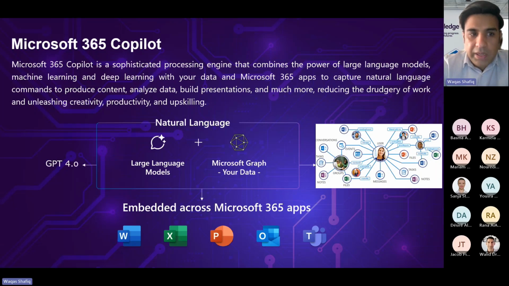For example, Microsoft 365 Copilot is a sophisticated processing engine, and this is where it combines the power of a large language model. I will let you know what a large language model is right now. Let's take an example. Imagine you have your personal human assistant sitting with you right now.